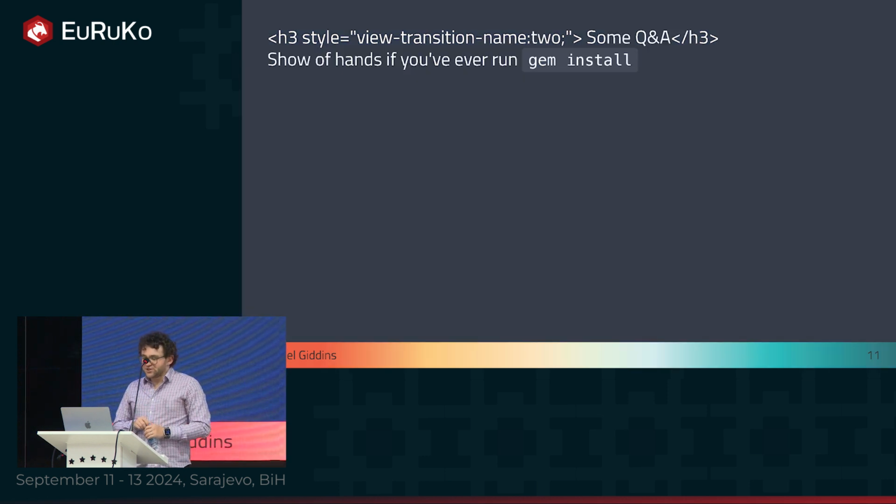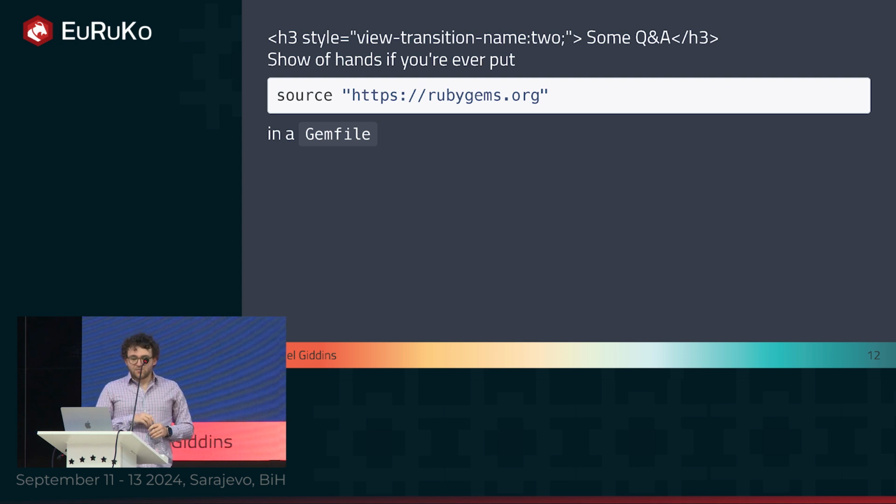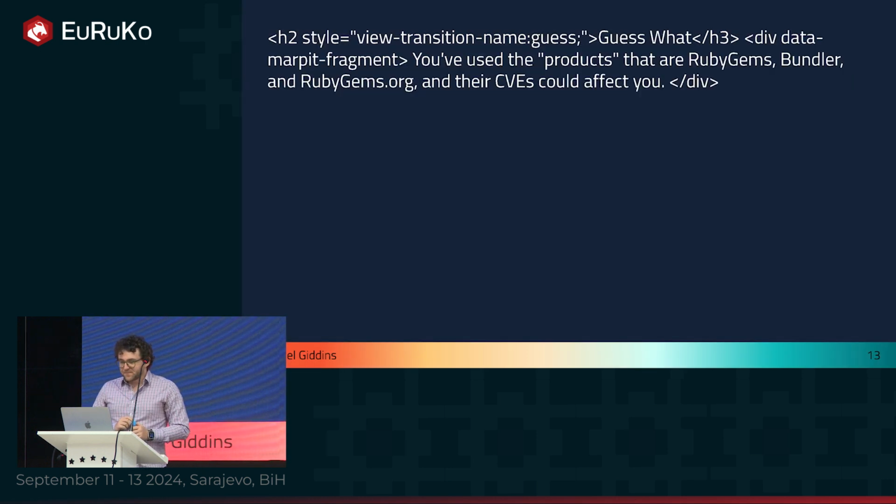So some more questions. Who here has run gem install? I see some people who didn't put their hands up, which is frankly shocking to me. I want to hear about how you're using Ruby if you've never run gem install. Similarly, have you ever put this line in a Gemfile? Okay, most of you. So this is sort of why you should care about this talk about security.